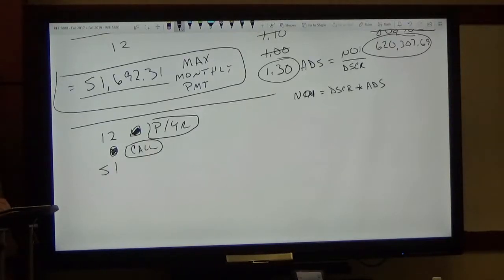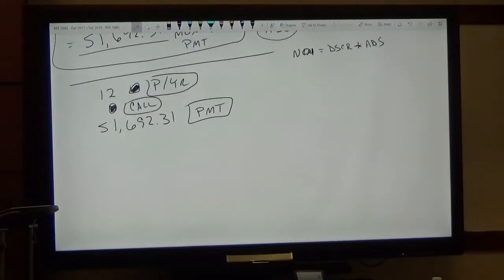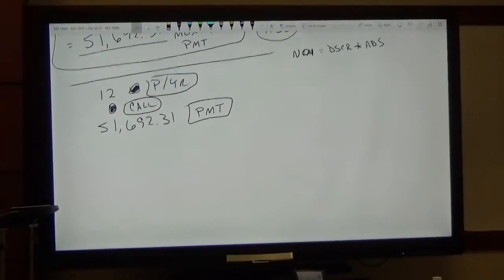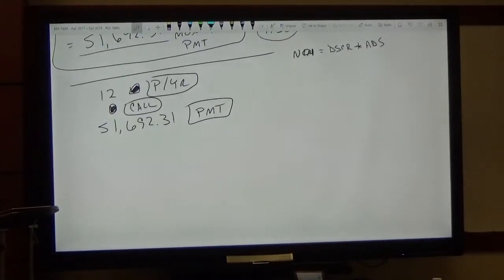Then we're going to put in the $51,692.31 as a payment. Now, how many years are we going to amortize this loan over? Let's say 20 years, or basically 240 months. Okay.